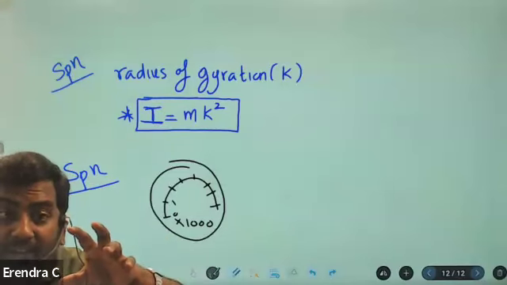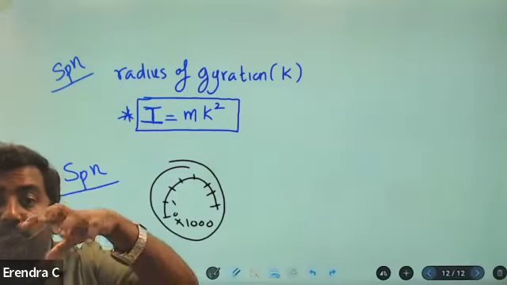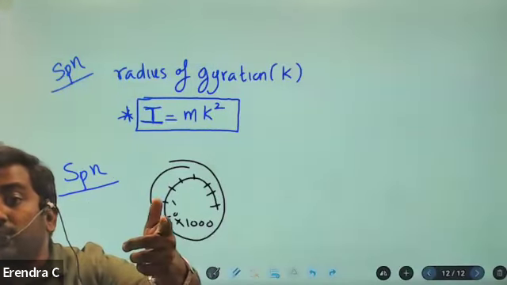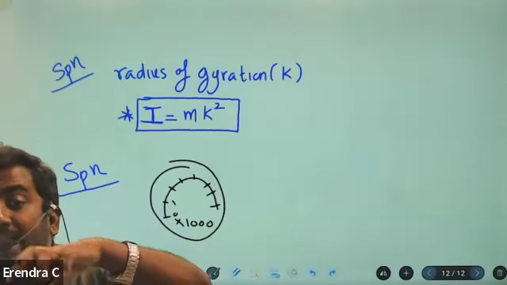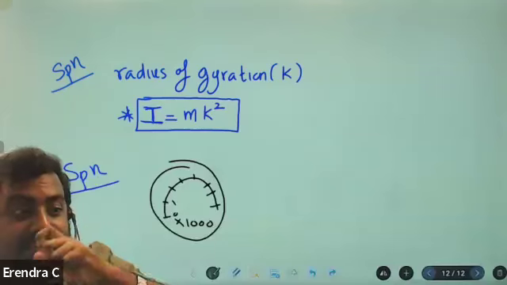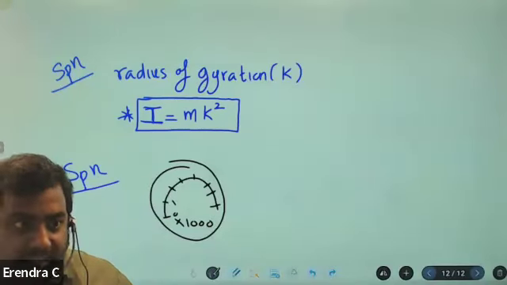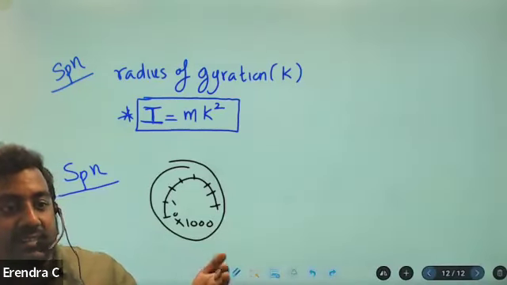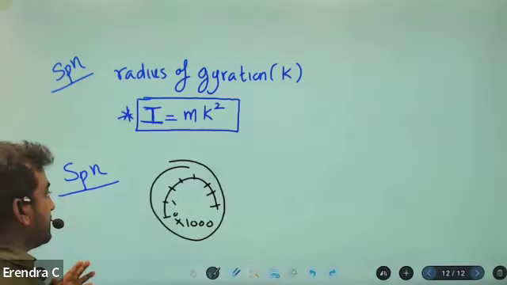Also remember, revolutions per minute, you have to convert to revolutions per second. Number of rotations per second is called what? Frequency. What is frequency? Number of rotations per second. Look at this board carefully.